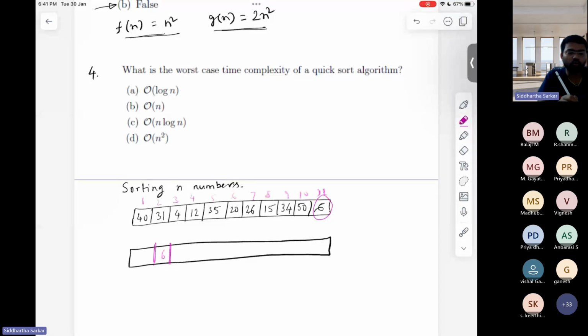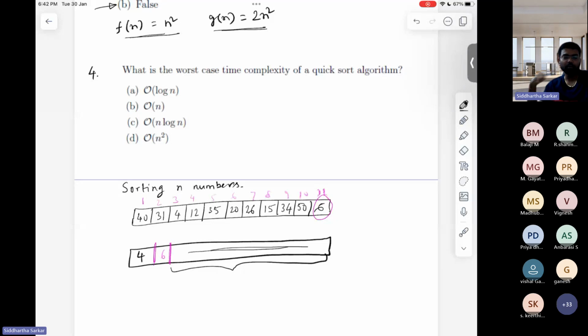It is also able to partition the rest of the numbers into two parts: one consisting of the numbers greater than 6 and the other consisting of the numbers smaller than 6. In this case, only one number is smaller than 6, so 4 should lie to the left of 6, and the rest of the numbers, in probably unsorted order, will be populated here.